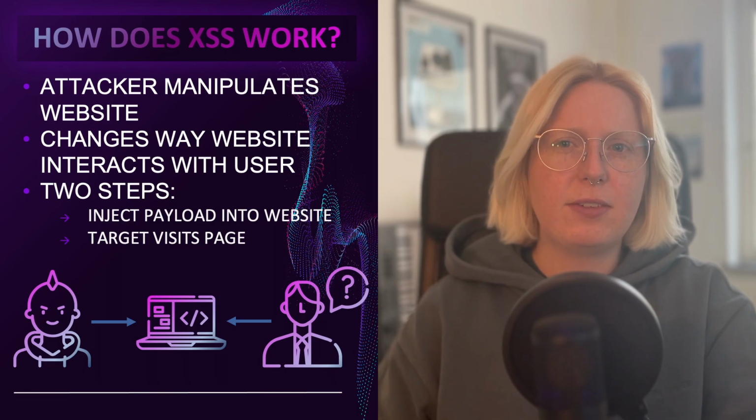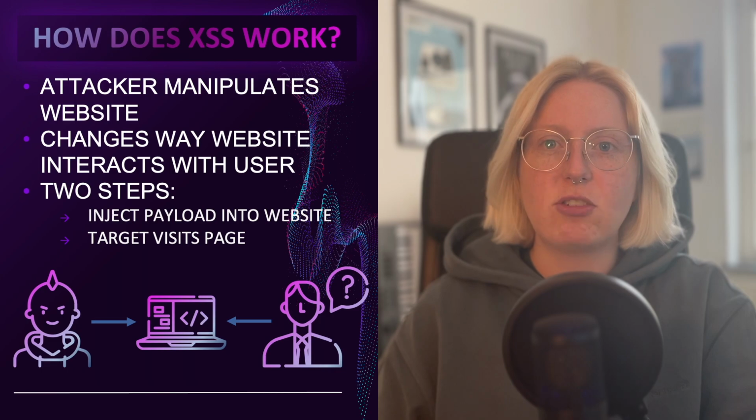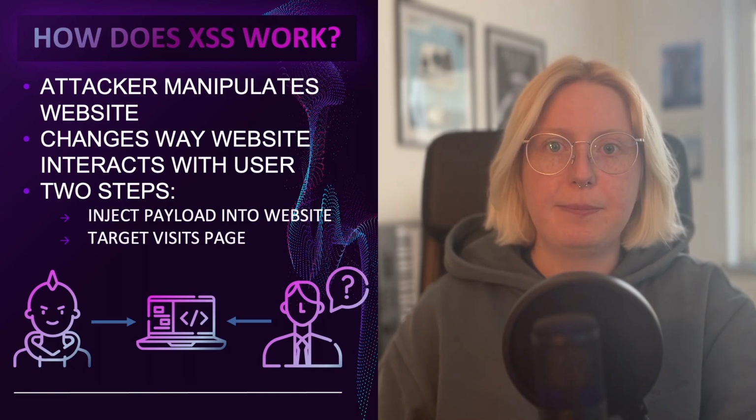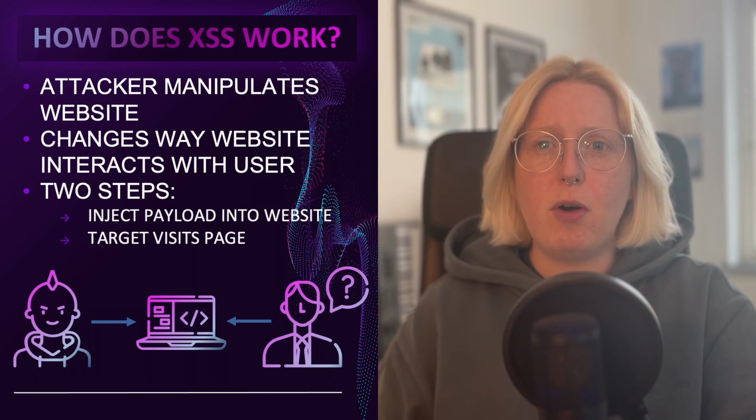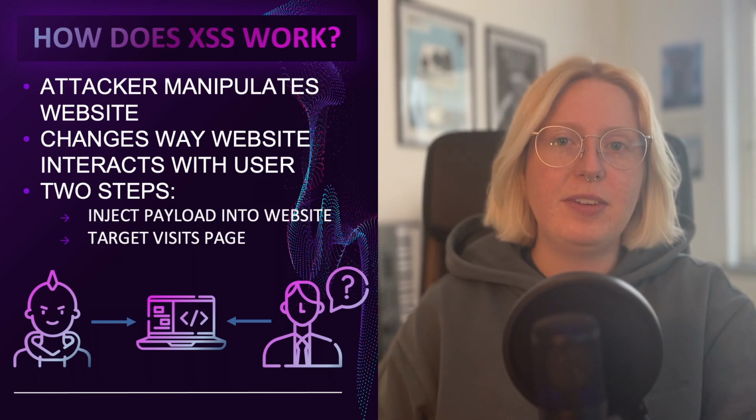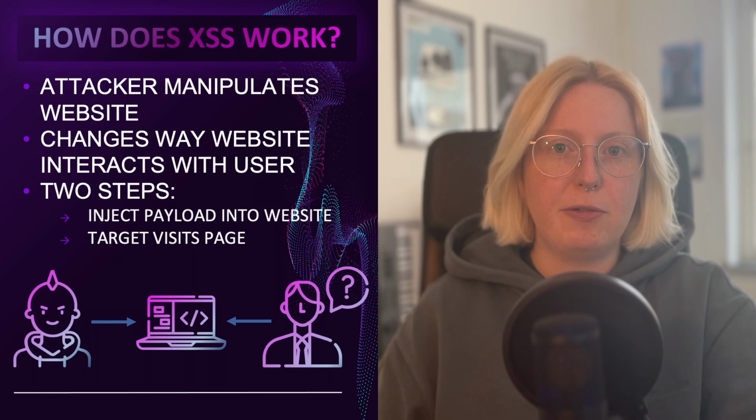For this step to be executable, the website needs some vulnerability where an attacker actually can inject their malicious code. Afterwards, the victim has to visit the page that contains the payload, and how that attack is performed exactly depends on the type of XSS attack that is performed.